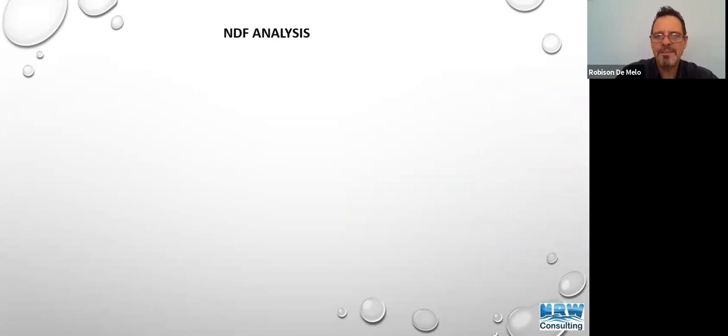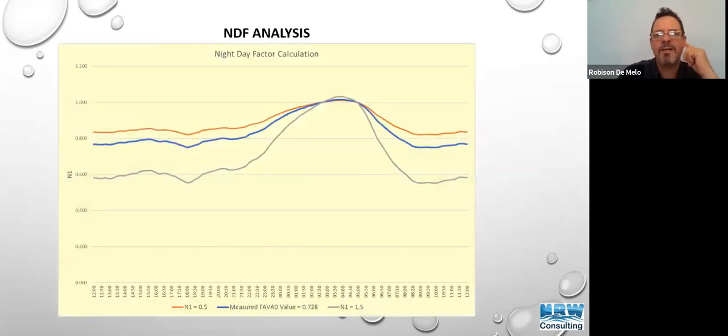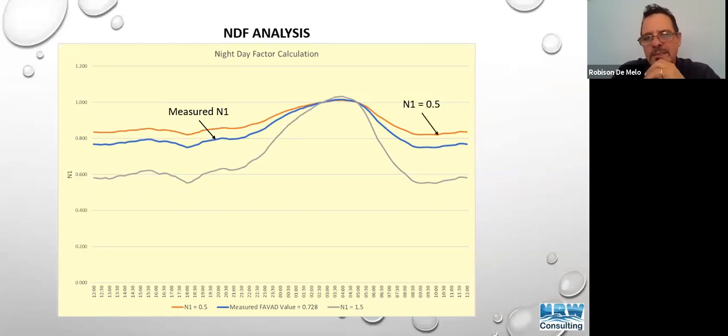Now with the N1 factor, we can identify our night-day factor analysis. As you can see, a graphic here of the real measured N1 data. If there was an N1 of 0.5, we would have this profile.